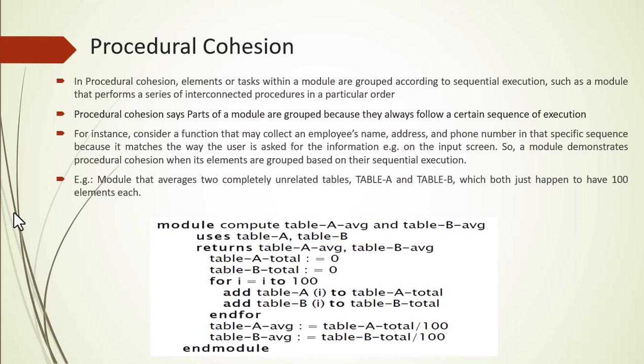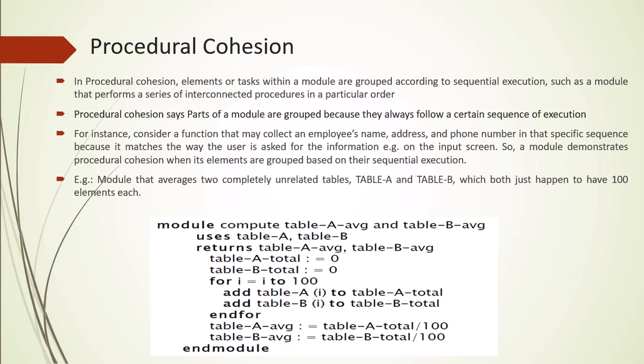For instance, consider a function that may collect an employee name, address, and phone number in that specific sequence because it matches the way the user is asked for the information, for example, on the input screen. A module demonstrates procedural cohesion when its elements are grouped based on sequential execution. So all the data will be retrieved and displayed in sequence.